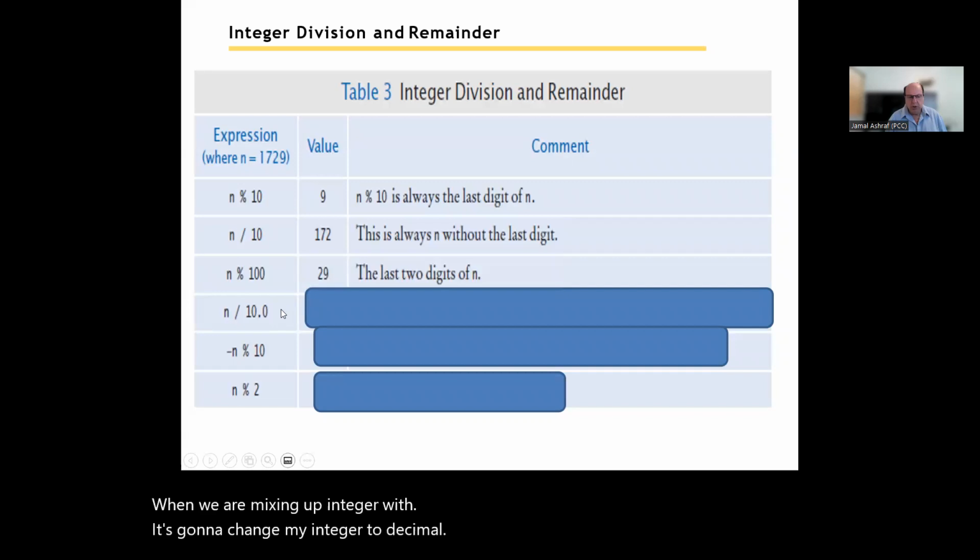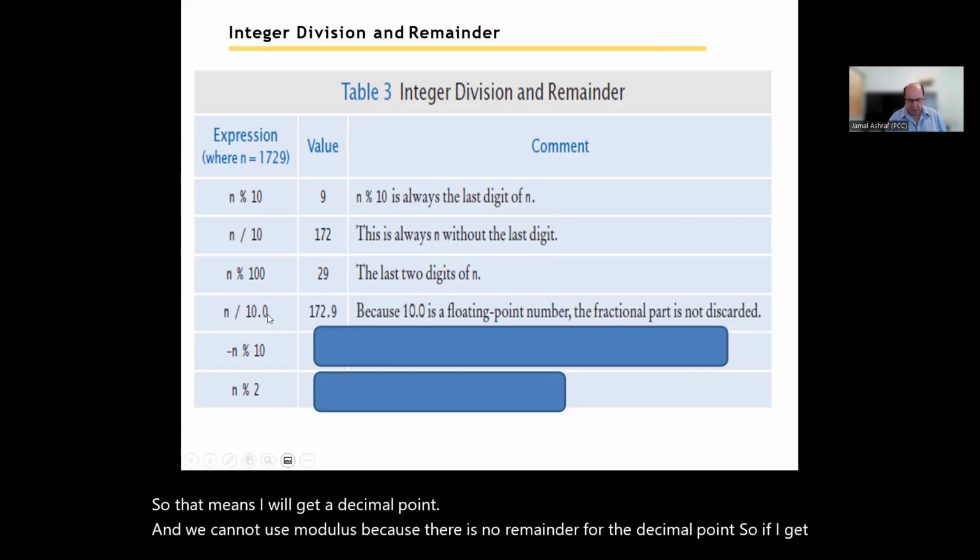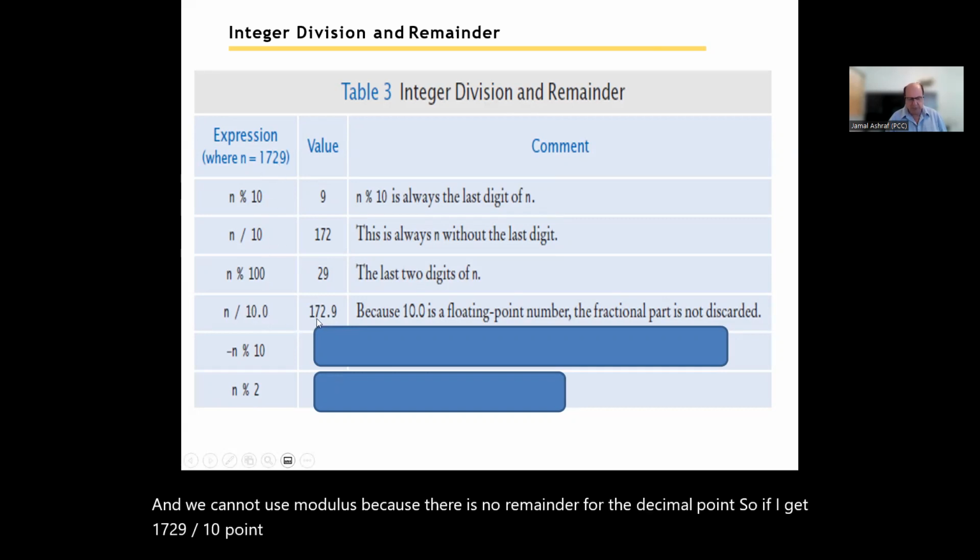So I will get a decimal point, and we cannot use modulus because there is no remainder for a decimal. So if I get 1729 divided by 10.0, I'm going to get 172.9, and that doesn't give me any remainder.